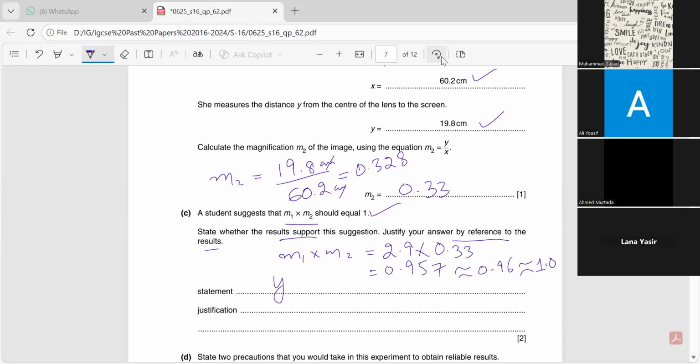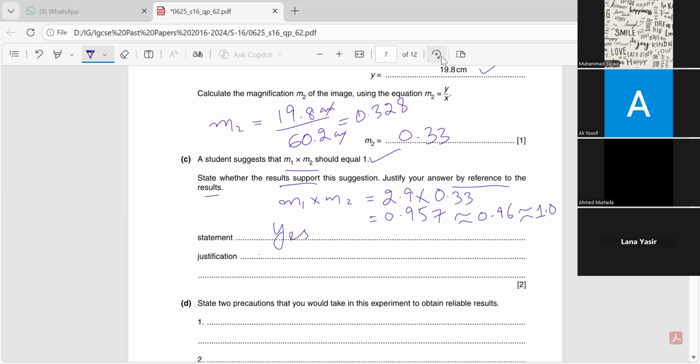So the statement is yes, and we will say within the limit of experimental accuracy, and I will explain it to you. It means if your answer is more than 90% correct, it is within the limit of experimental accuracy, and we will consider the answer as the correct answer.